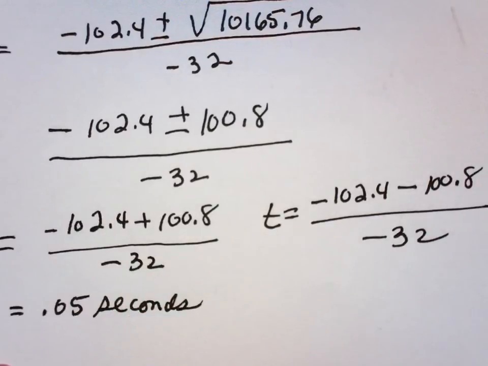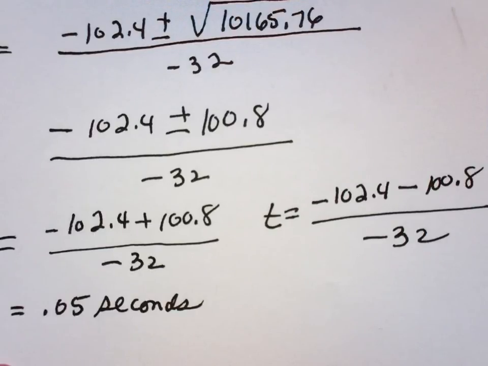And then we do the same thing, only this time it is minus, and that's going to be divided by negative 32 and 6.35.